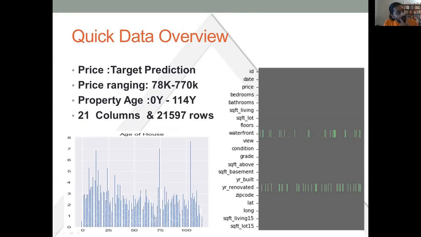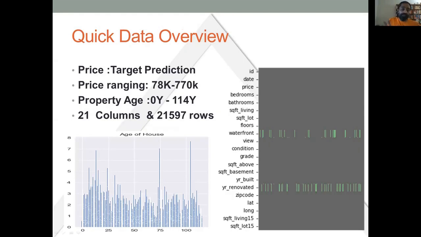Now, a quick data overview. This same data was used by everybody, about King County, Washington. The price was the target prediction, and the house prices ranged from $78,000 to $770,000.